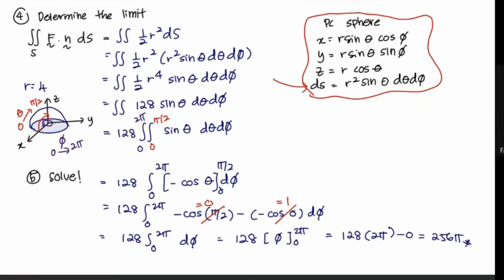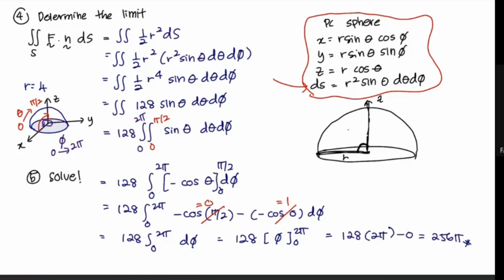So 0 to, this is the sphere. This is r, the radius, and this is z. We want to determine the angle here.